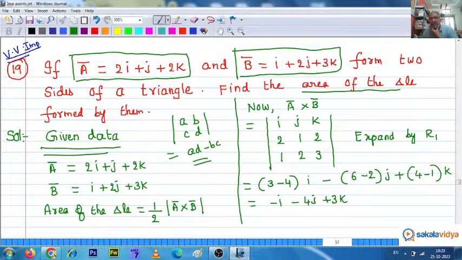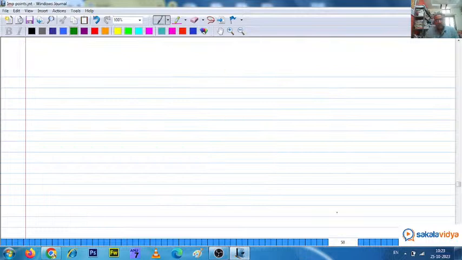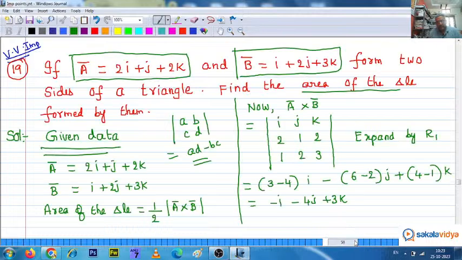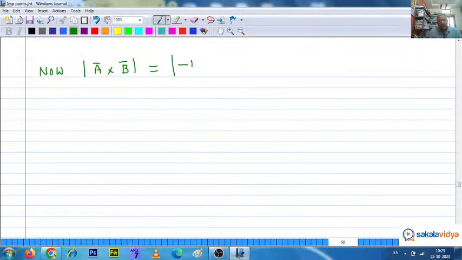So, now we need to find the modulus of A cross B and after that divide by 2, so that you will get the area of the triangle. So the modulus of A cross B means the modulus of minus i minus 4j plus 3k.